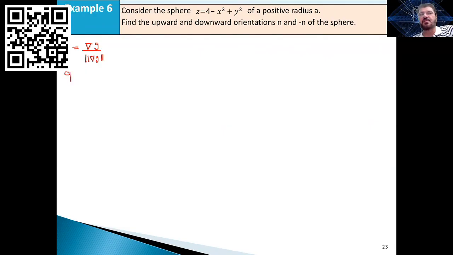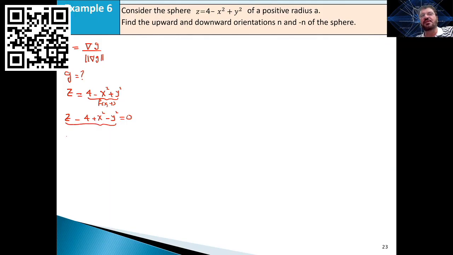Now what's g? Look at what we have here, guys. We have z equal to 4 minus x squared plus y squared. I'm going to move everything to the left. By the way, this one is f of x, y. Move it to the left. What do you get? You get z minus 4 plus x squared minus y squared is equal to 0.